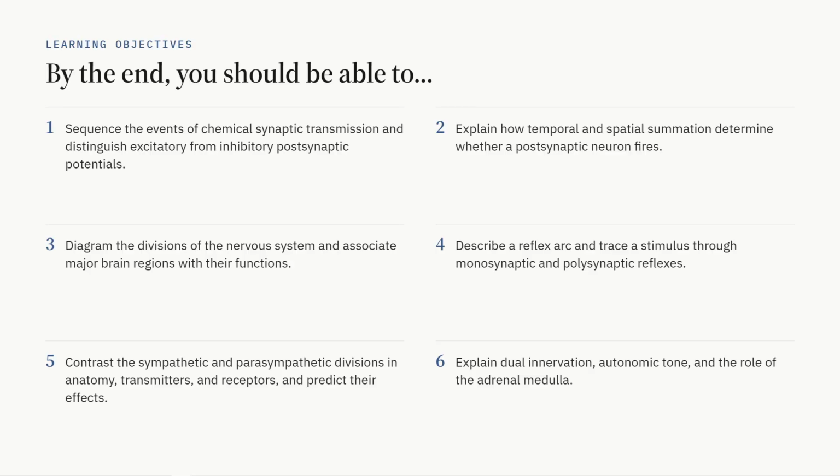Describe a reflex arc and trace the signal through both simple and complex reflexes. Contrast the sympathetic and parasympathetic divisions, their anatomy, chemistry, and effects, and predict what they do to a given organ. And finally, explain dual innervation, autonomic tone, and the role of the adrenal medulla.